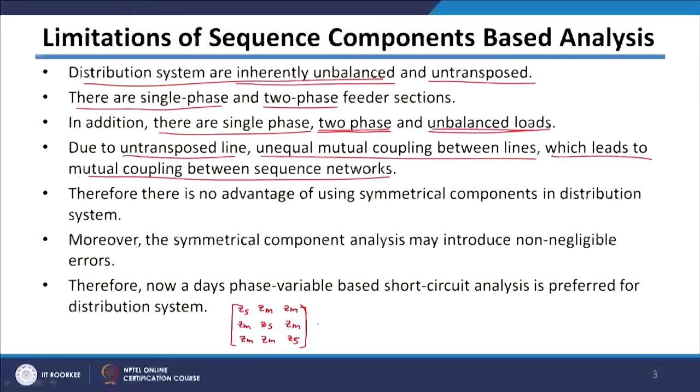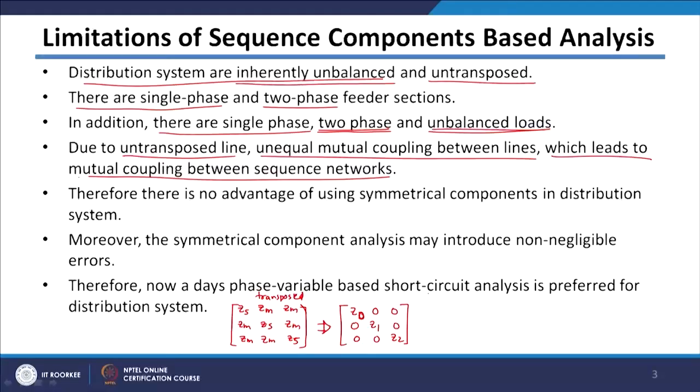If you convert it into the sequence domain, we get a diagonal matrix with Z0, Z1, and Z2. In this case Z0 and Z1 are uncoupled, and similarly Z1 and Z2 are uncoupled. This is happening because we are considering a transposed line.